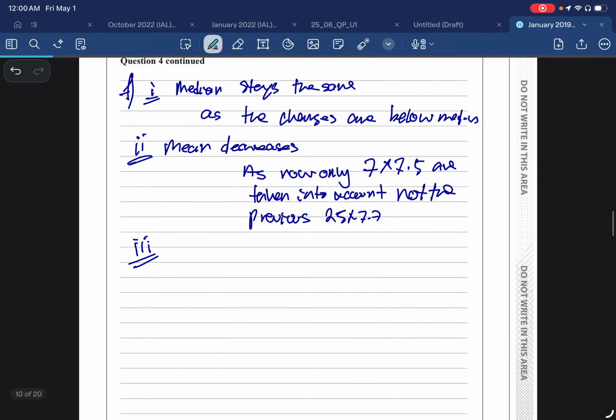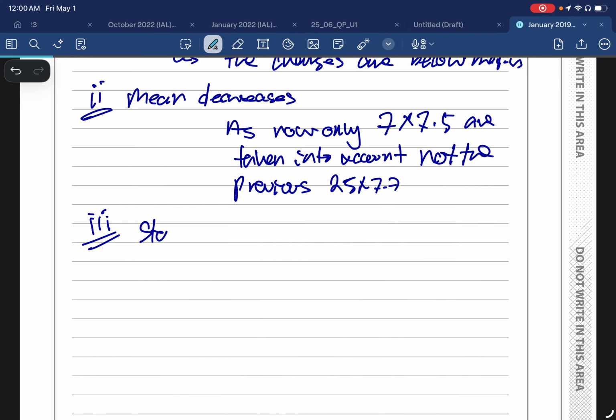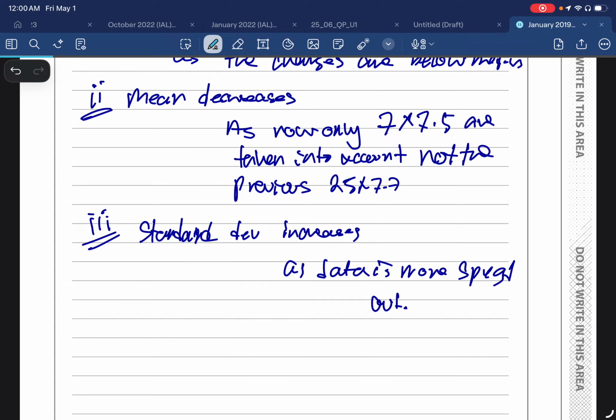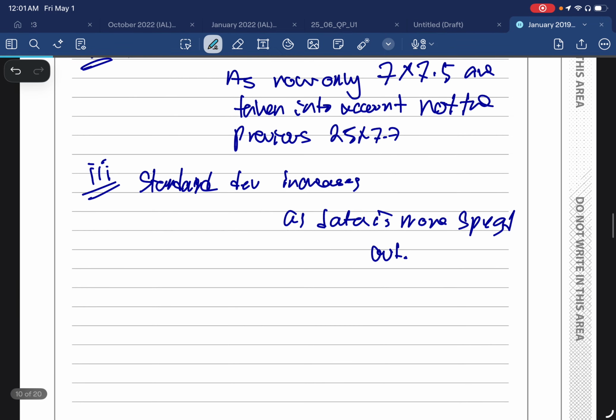So standard deviation is going to increase as data is more spread out. Since the mean is now small and 18 of them are going to be null, those are going to add on, and that's going to increase the range of our data, making the standard deviation greater.